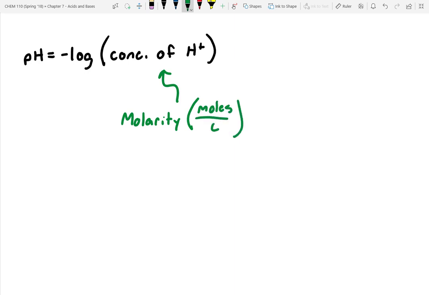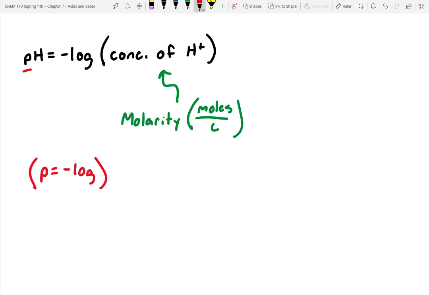So that concentration unit is always going to be calculated in terms of molarity. The other thing, too, that some people don't know is P is actually a mathematical operator. P simply means negative log. So when you look at this, pH just means negative log of your H concentration or of your proton concentration.